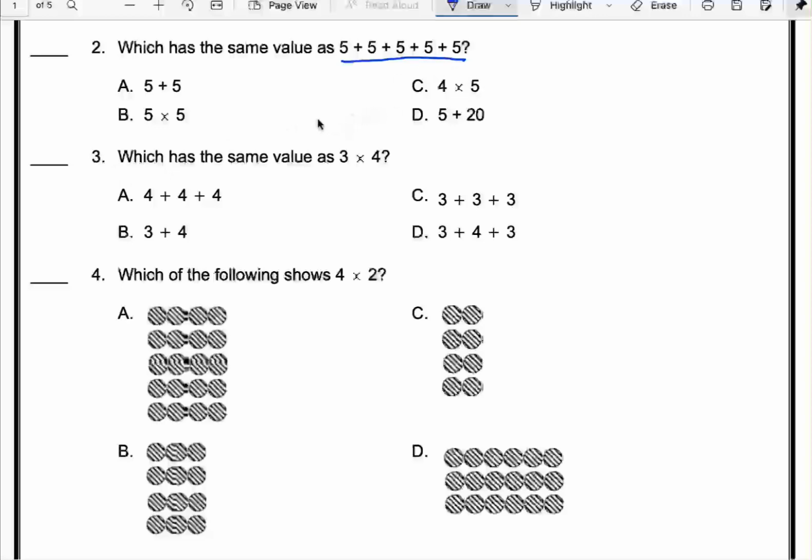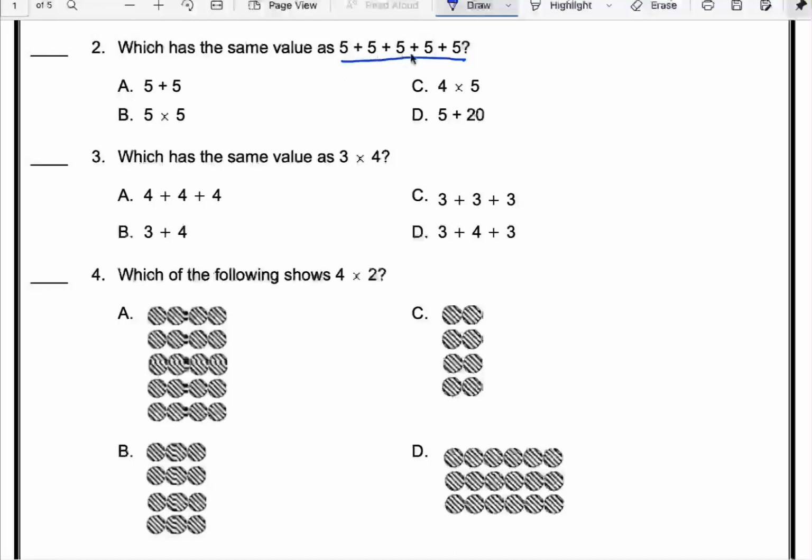So, which choice should we choose? 5 plus 20? Yes. Here we have 5 and 5, 10. 5 and 5, 10. And 5, 5 times, 25.